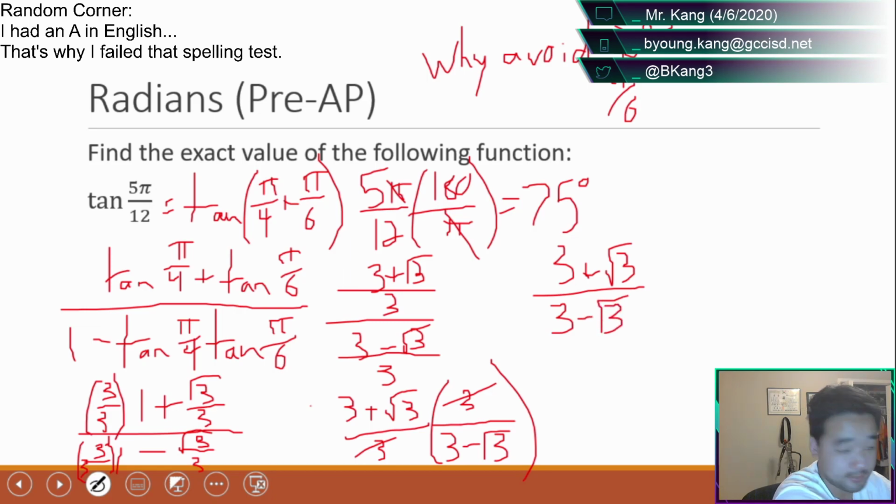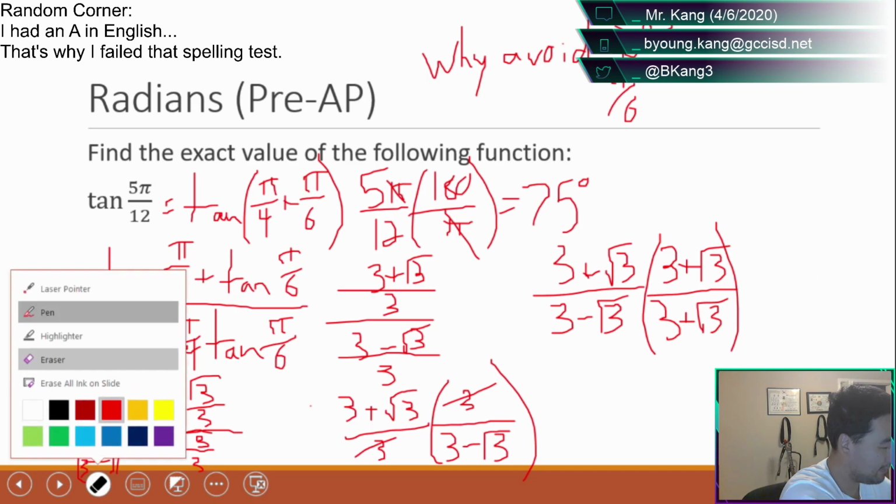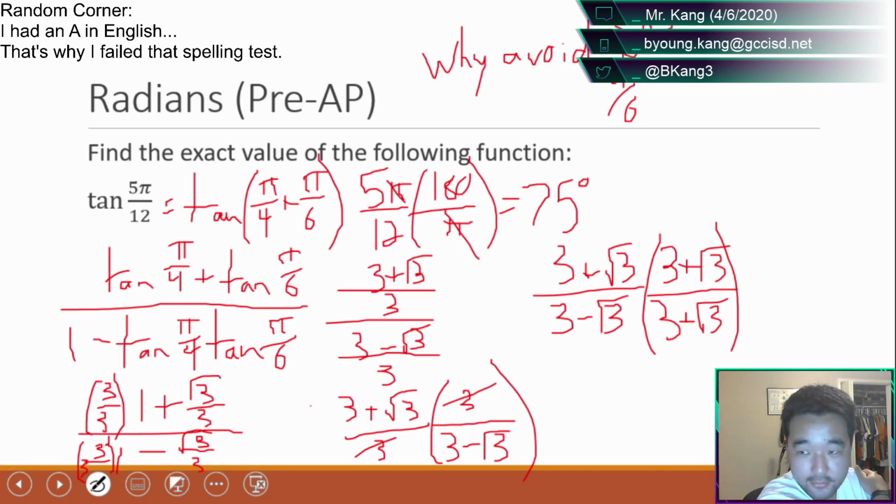Remember, nothing cancels here because of the plus and minus. So now you've got to do the conjugate of the denominator. You end up with 9 plus, oh, I do not have room for this. Hold on. I'm just going to write under my overlay again.